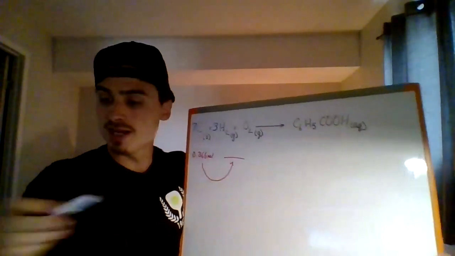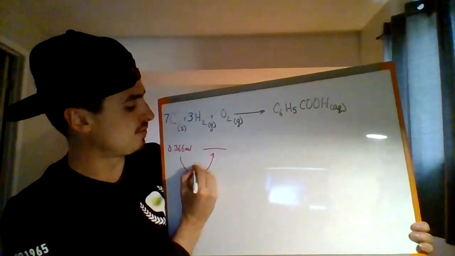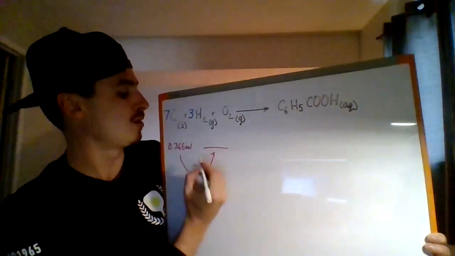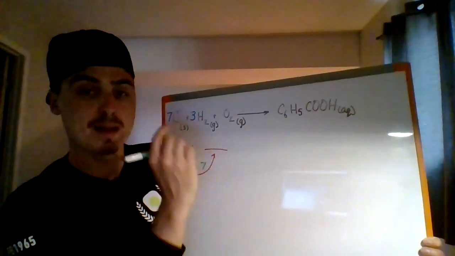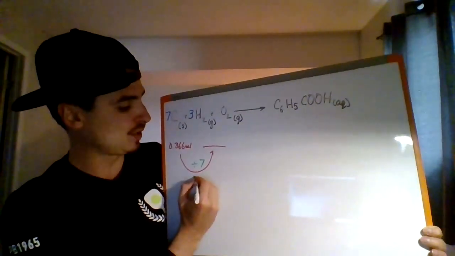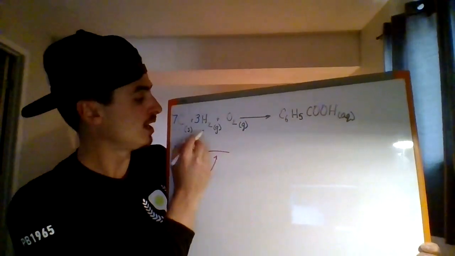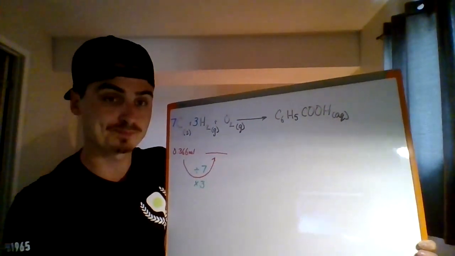To go from carbon to hydrogen, what you have to do is you have to divide by where you start. You start at carbon, which has a coefficient of 7, so you're going to divide by 7, and then you're going to multiply by the coefficient of where you are going. We're going to hydrogen, so we multiply by 3.